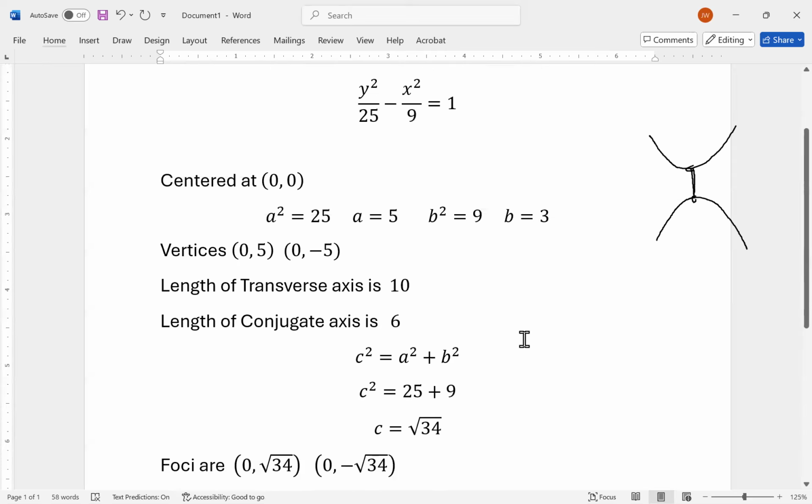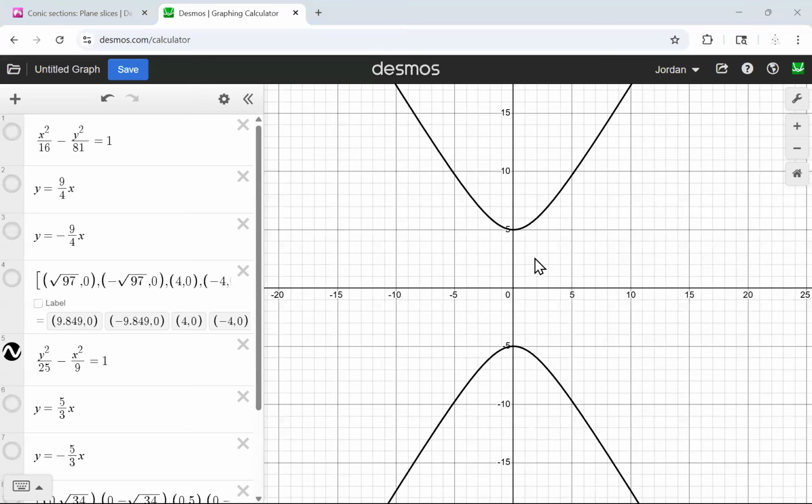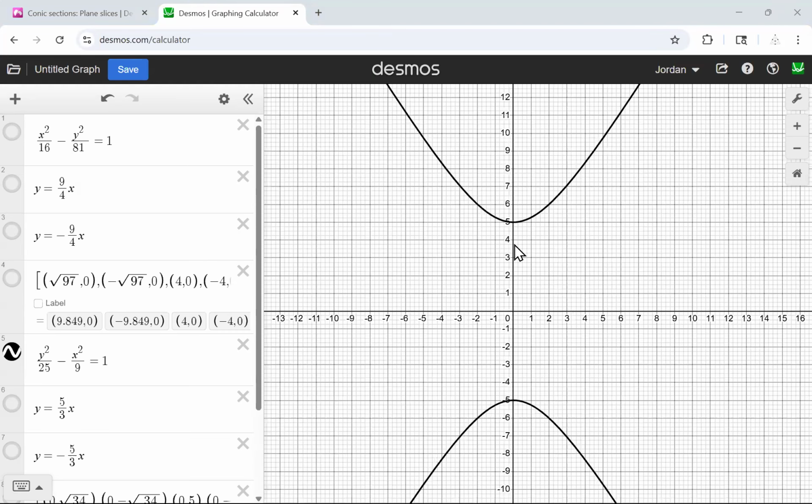Let's go ahead. I'll graph it quickly and show you that we did get the correct graph. So here's the graph of that hyperbola. And we can see via the graph the features on it. And sure enough, it goes through 0, 5, 0, negative 5.